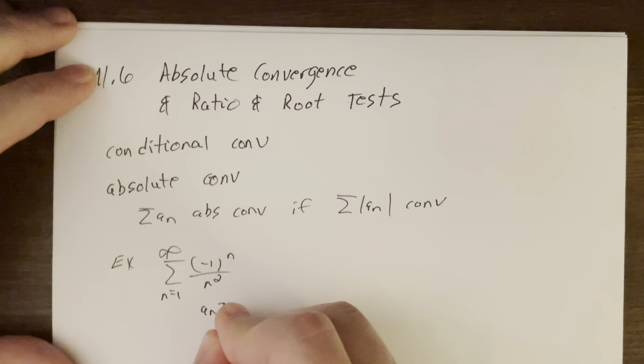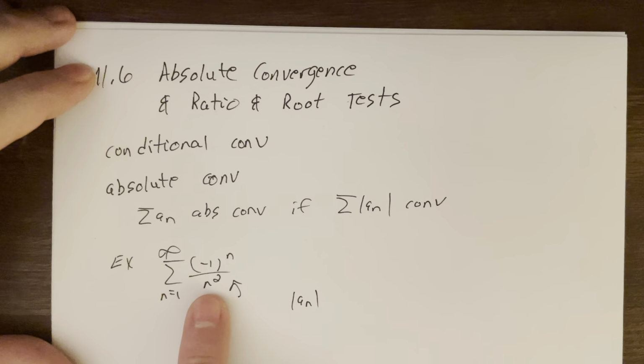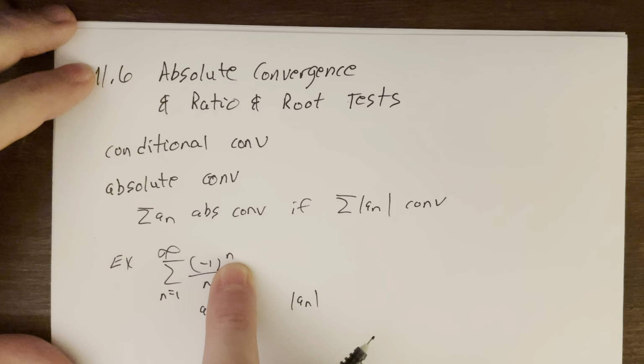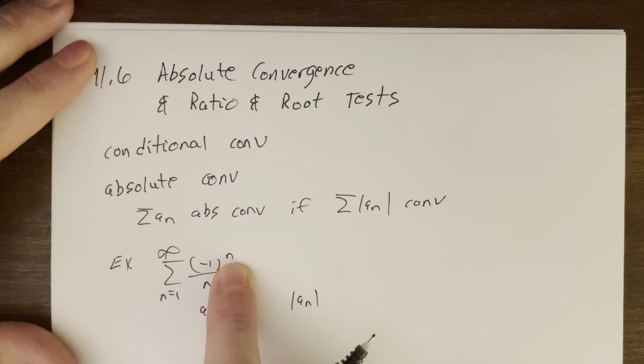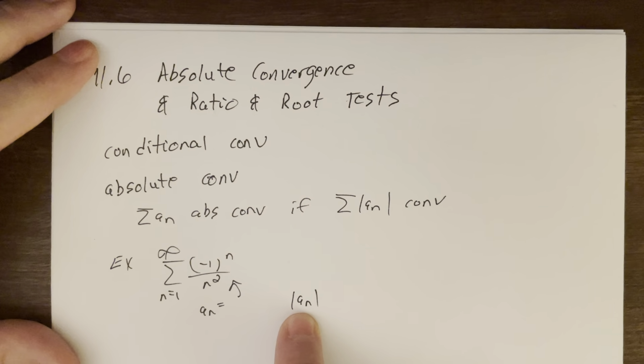So if I take the absolute value of that general term, what happens? Well, the big thing happens right here. Minus 1 to the n power, that's that alternating piece that keeps flashing -1, +1, -1, +1. You take the absolute value, I should say, and now all of those just become +1.